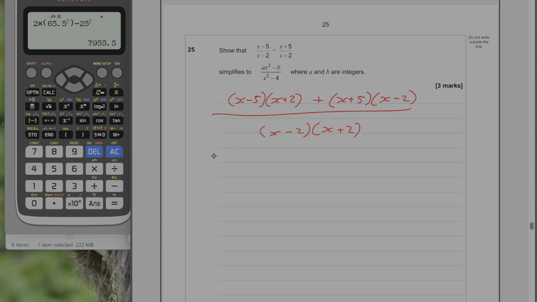Okay, so the first part's going to give me x squared minus 3x minus 10, plus the second part's going to give me x squared plus 3x minus 10.